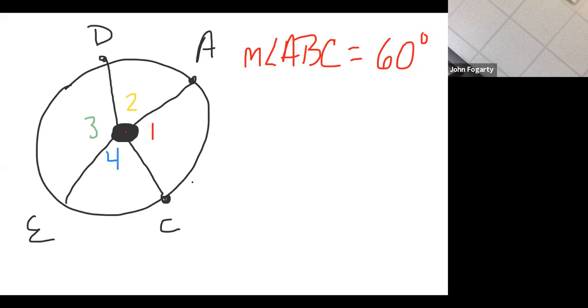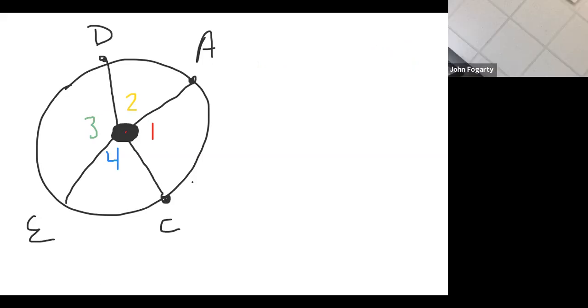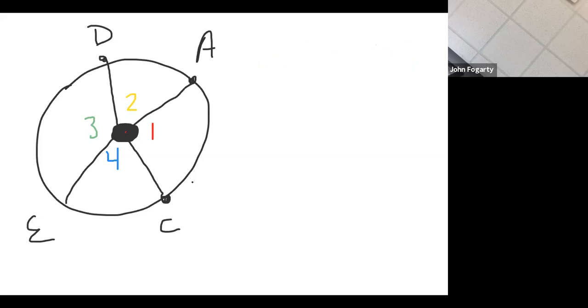Hey, fellows, what do you know about all of those angles? Every single one of them is what kind of angle? We just introduced it. Where's the vertex? In the middle, the center of the circle. So that makes each of those angles a central angle. We're not talking about the sides. We're talking about the angles.